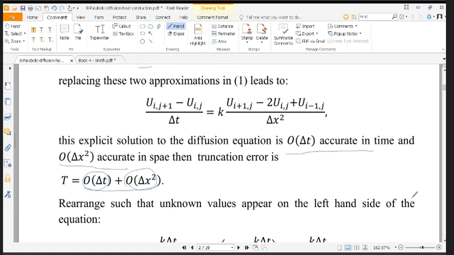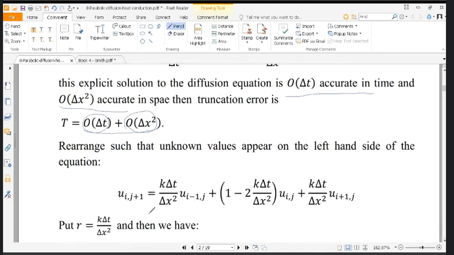When we rearrange this equation so that the unknown value is on the left hand side and the known values are on the right hand side, we have U(i, j+1) equal to K delta T over delta X squared U(i-1, j) plus 1 minus 2 K delta T over delta X squared U(i, j) plus K delta T over delta X squared U(i+1, j).